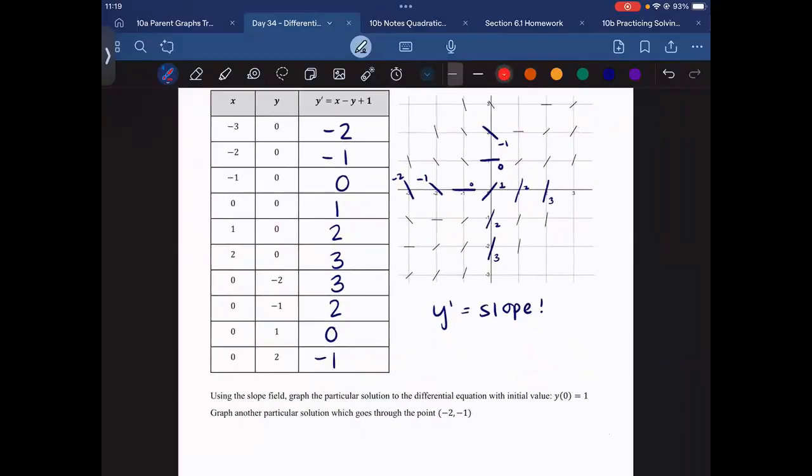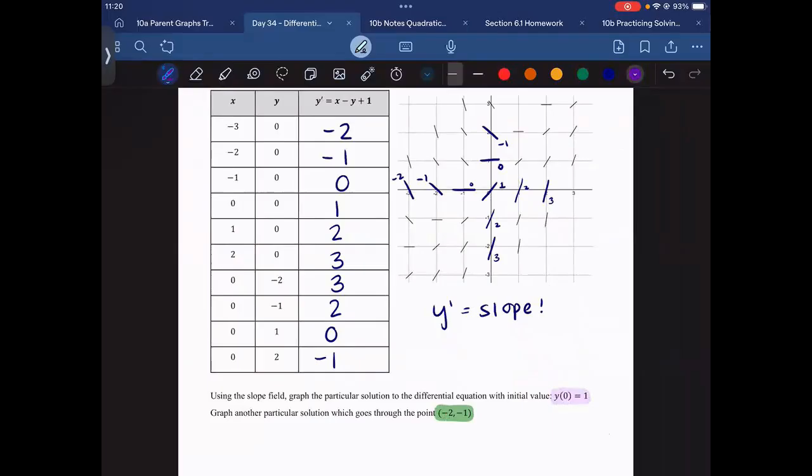And now, using the slope field, graph the particular solution to the differential equation with the initial value y(0) equals 1, and then we have another one through the point -2, 1. Okay, I'm going to color coordinate these. Make our lives a little bit easier. So we have purple and we have green.